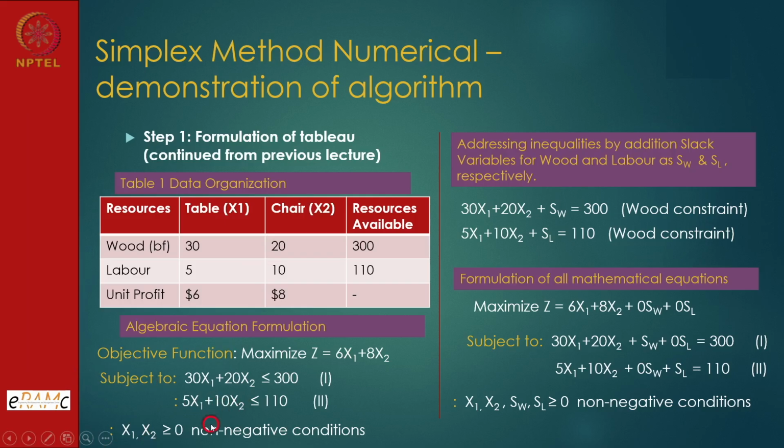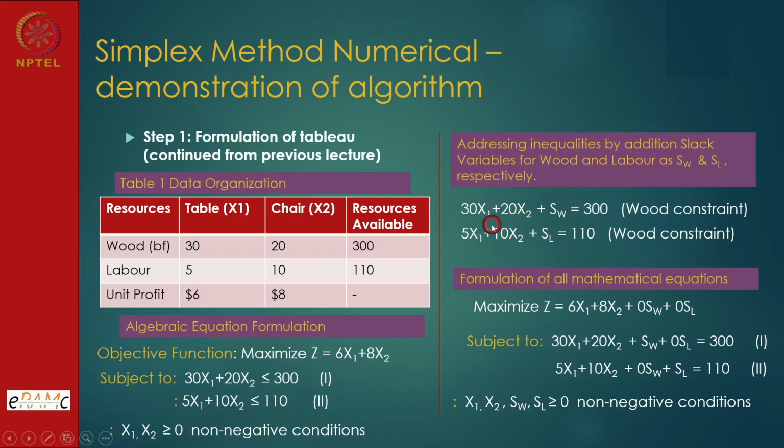We are revisiting here how to address the inequalities. How do you remove the inequalities? Here it is very clear: 30x1 plus 20x2, earlier it was less than or equal to 300, now it is equal to 300. Why? Because we have introduced slack variables: SW for wood, and another slack variable SL for labor, and with these we removed the inequality.